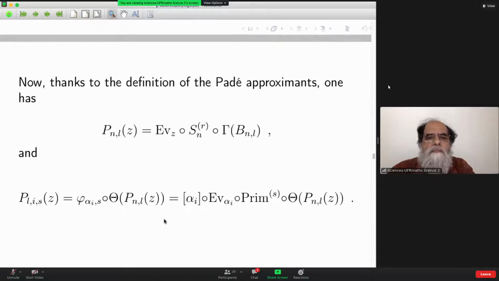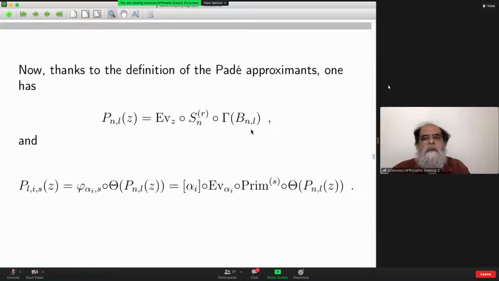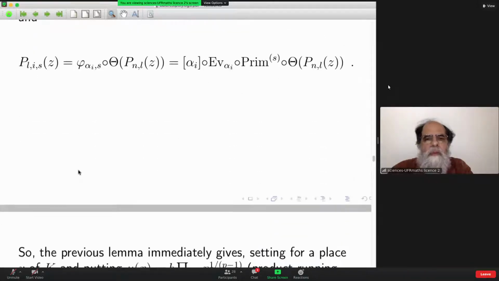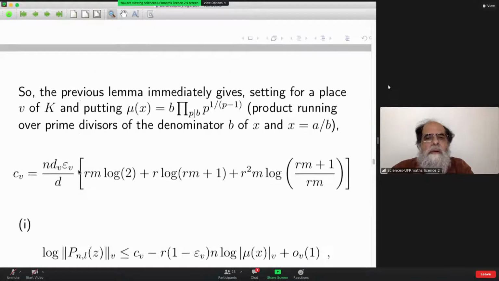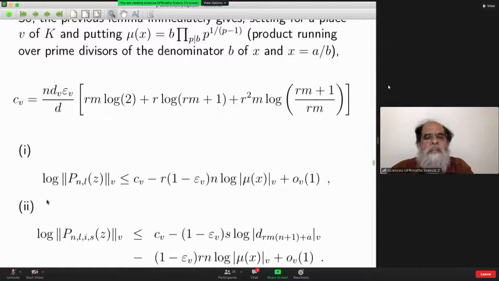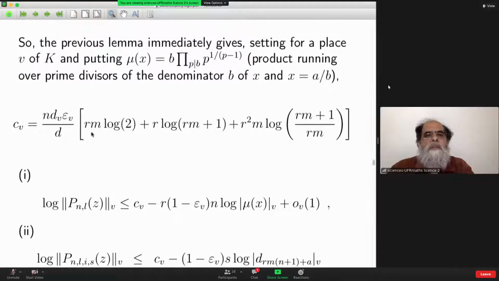So now you remember that this was the definition of P, and this was the definition of P and L, and each of these functions we have computed their norm. So we know the norm of these polynomials. We have no work to do. And you get immediately that the norm of this polynomial is less than, so this Rm log 2 comes from the binomial expansion.